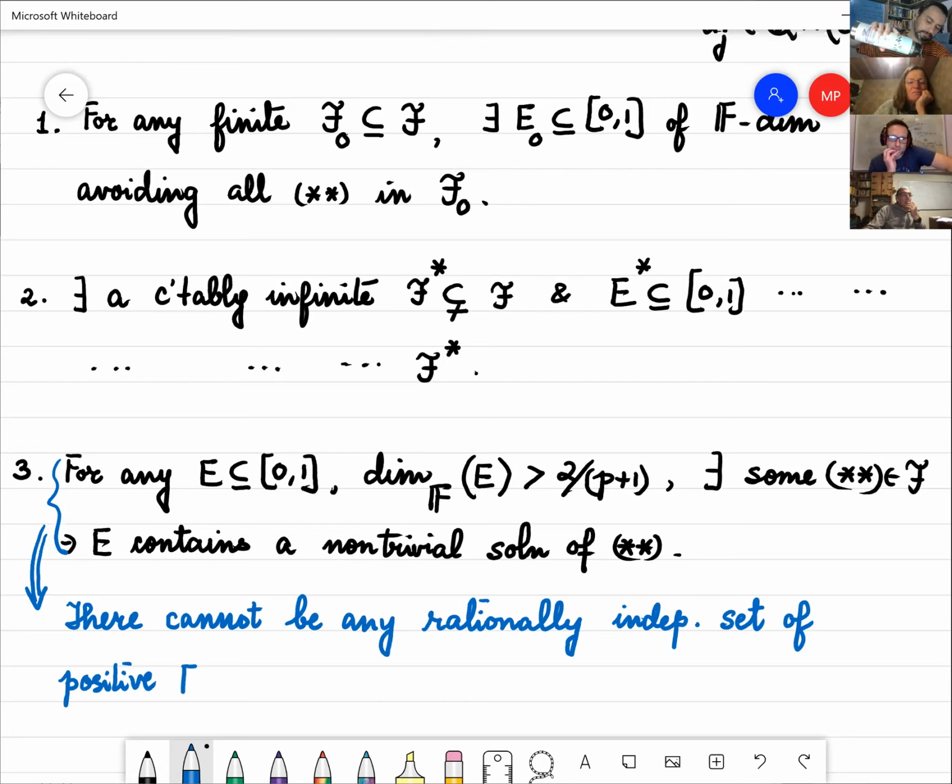In particular, Mathe's set has Fourier dimension 0.